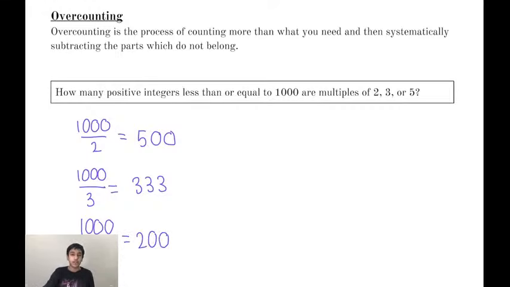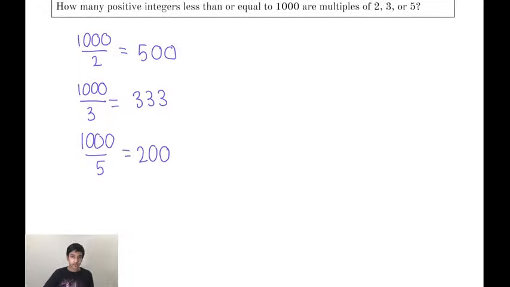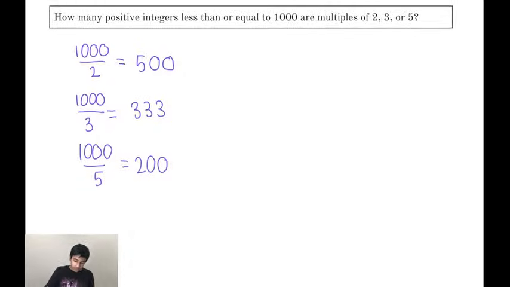Except we're overcounting some. Like I said earlier, we must systematically remove the parts that don't belong. So we must remove the parts that are extra, that don't belong here.